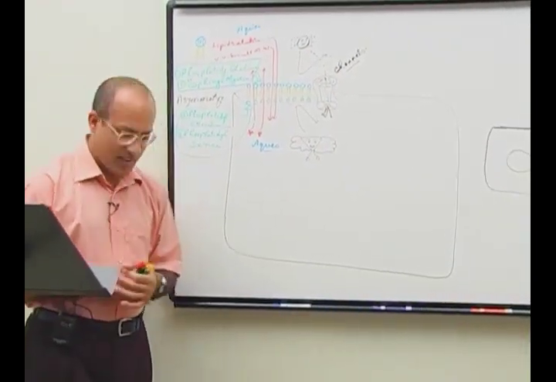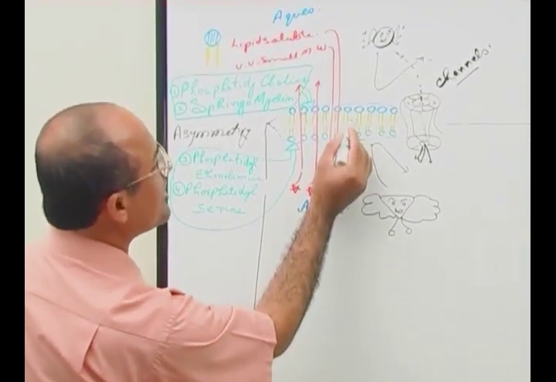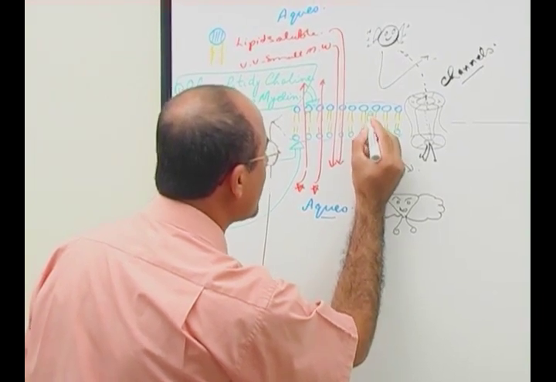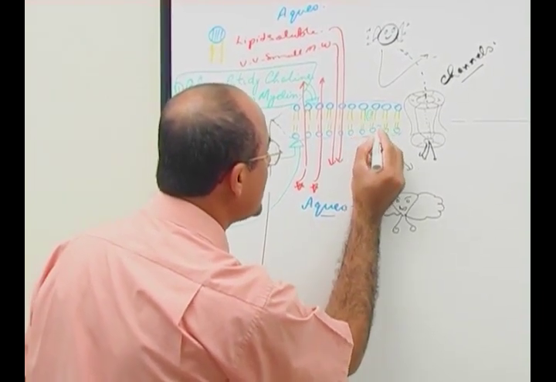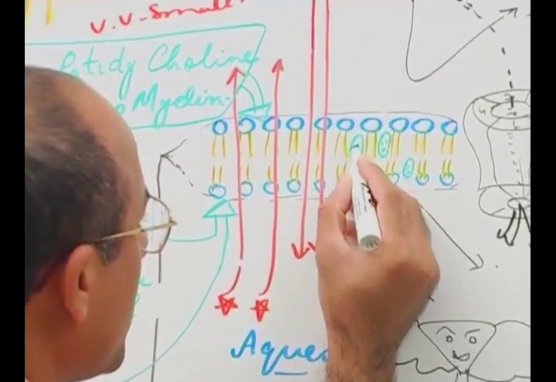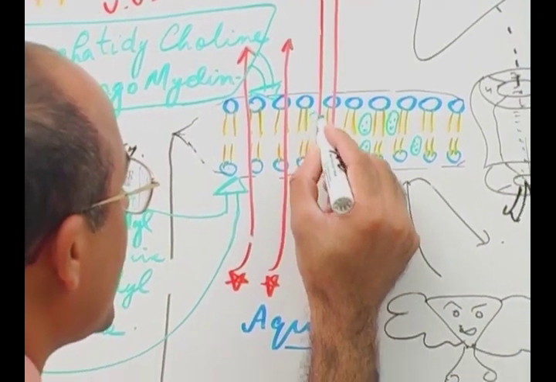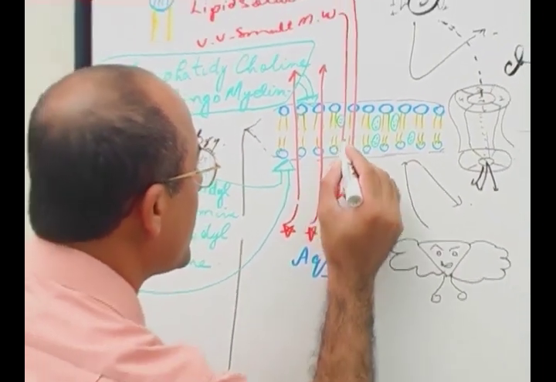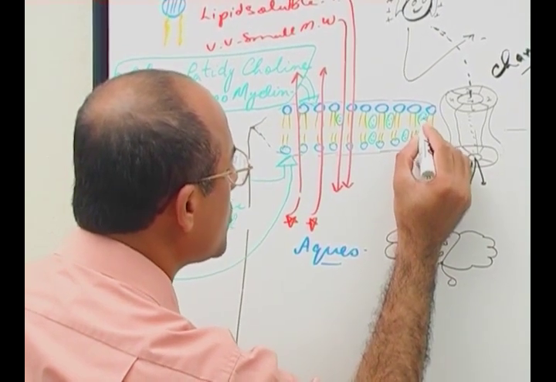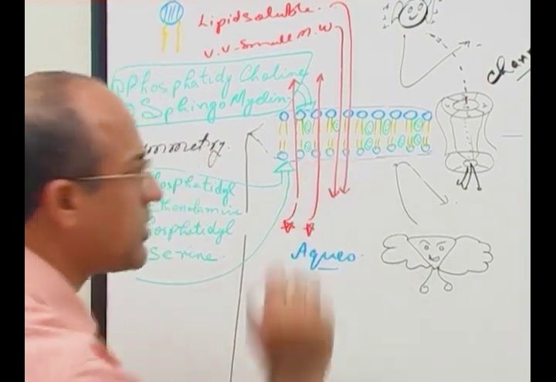Another thing, in between the legs of these fatty acids, there is some naughty molecule here. It loves to be here. I don't know why. Who knows this naughty molecule? Anyone, please use your own head. This is a very special type of lipid.